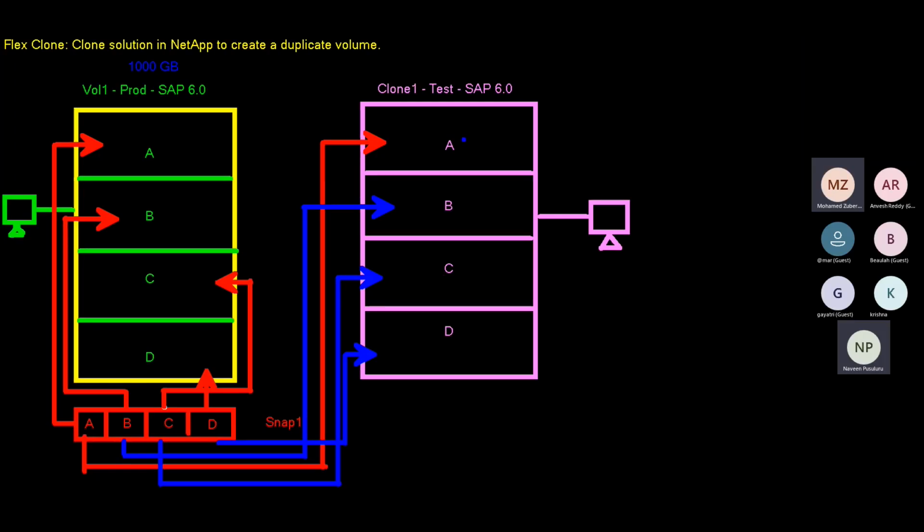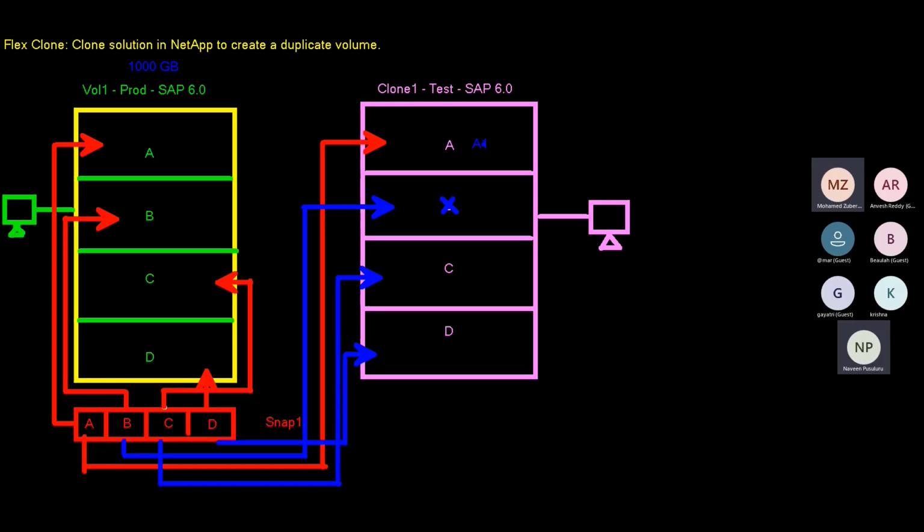For example, let's assume that as part of this SAP 7.0 installation, my client is modifying A to A1 and he is deleting B. Let's assume that on clone, he has to delete B. Deletion, that's fine.